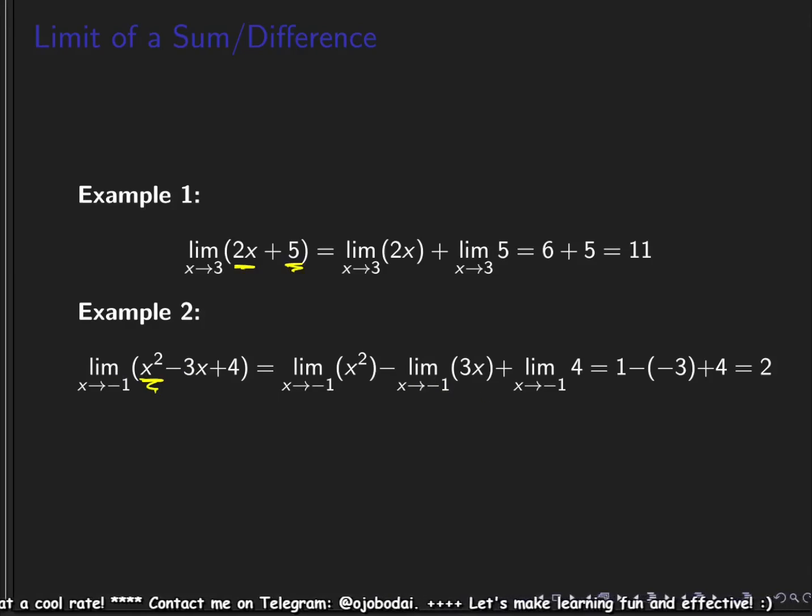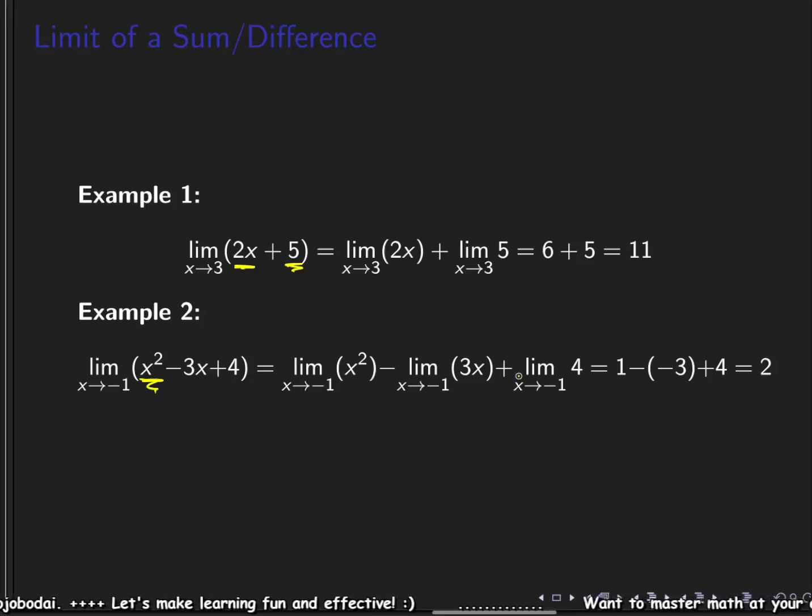Evaluating them, this is what you are going to have. The limit of x squared when x is approaching negative 1, we have negative 1 squared, which gives us a 1. Then we have negative 1 times 3, which gives us negative 3, then plus the limit of a constant here, which is 4. Adding all this gives us 2. So this is how we apply the limit of sums and differences.